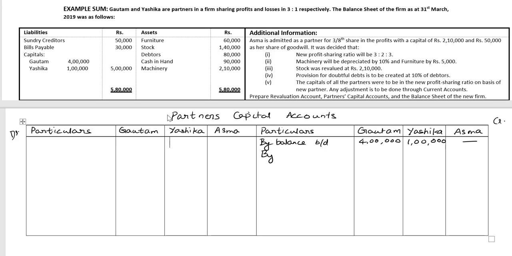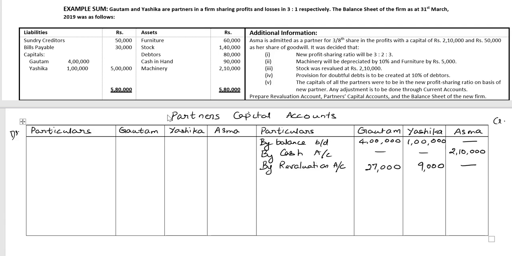So by cash account, 2,10,000 under Asma. There's a gain on revaluation. We'll transfer the gain by revaluation account. As per the revaluation account, Gautam had a gain of 27,000 rupees and Yashika had a gain of 9,000 rupees.